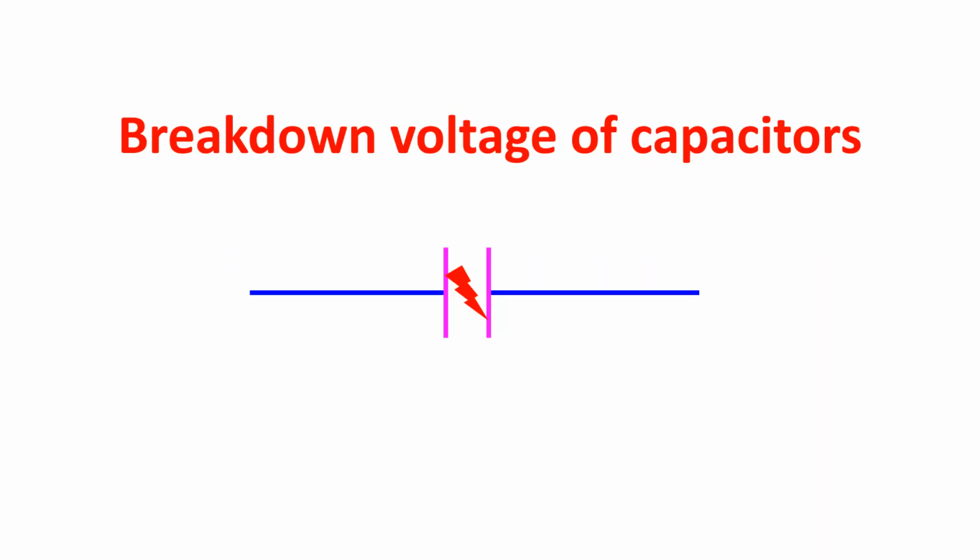At high strengths of electric field above the nominal working voltage of the capacitor, the dielectric separating the two plates of the capacitor might become conductive. This is known as breakdown voltage of the capacitor. Maximum energy which can be stored in a capacitor is limited by the breakdown voltage. The air gap between plates of capacitors used in high voltage vacuum tube circuits need higher spacing to prevent arcing.